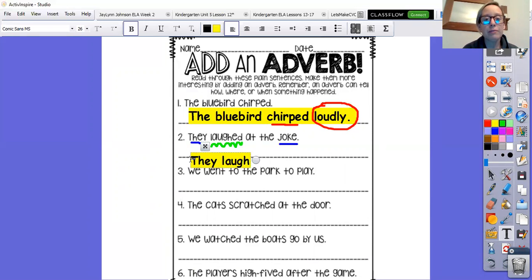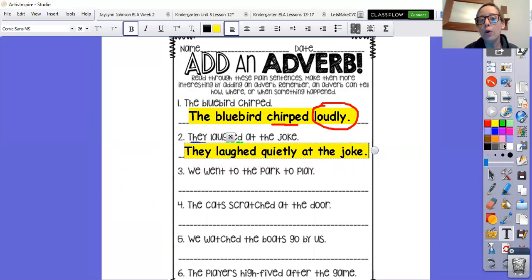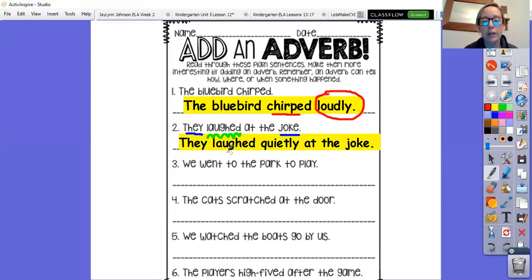They laughed quietly at the joke. Maybe they didn't want anybody to hear that they were laughing, okay? So what are they doing? They're laughing, right? Okay, so I can underline laughed. And how did they laugh? They laughed quietly. Quietly would be my adverb, okay?